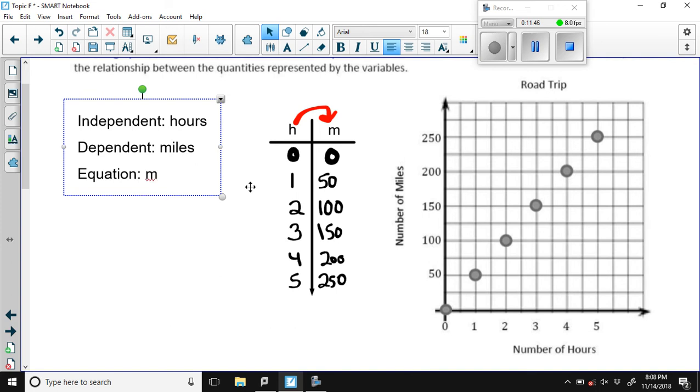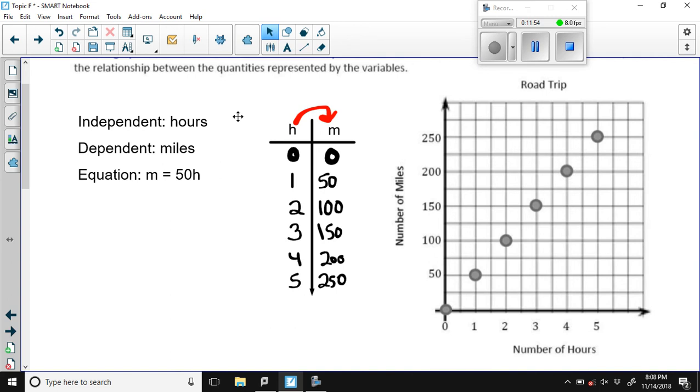So miles equals 50 times the hour. Okay. And that is that. That is how you can work backwards using a graph to construct a table to identify your independent variable, your dependent variable, and your equation.